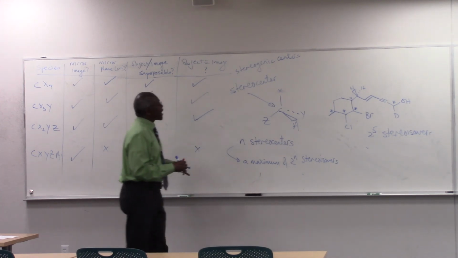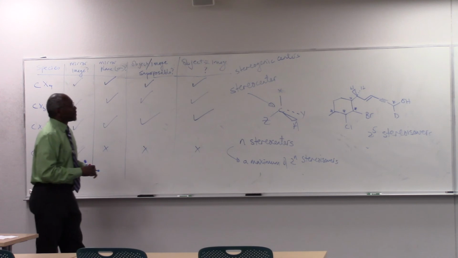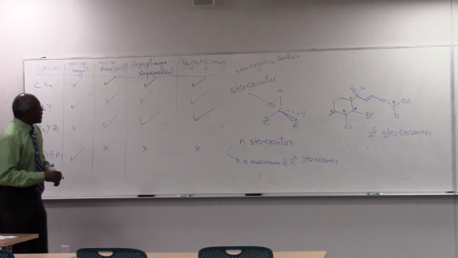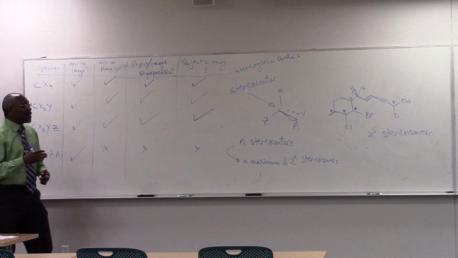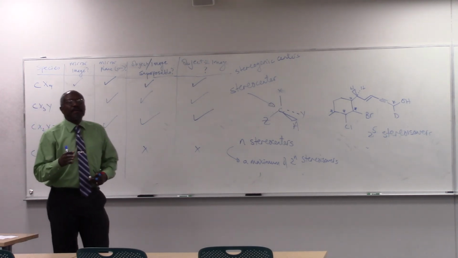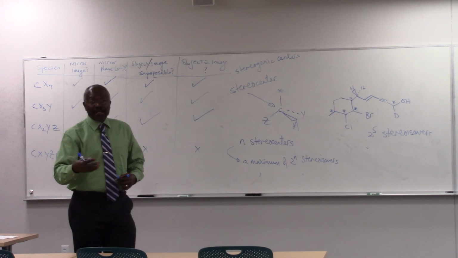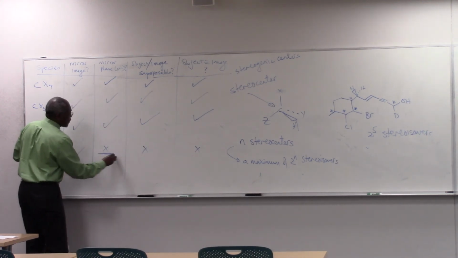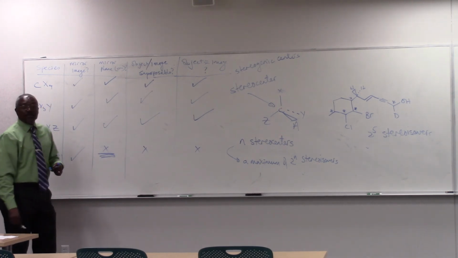So one of the questions we need to ask and answer is when will we expect enantiomerism to arise? Because we saw it arise when the molecule was devoid of a mirror plane.